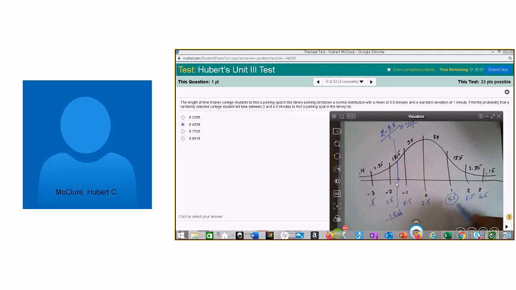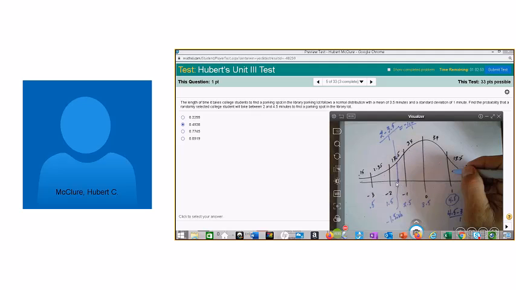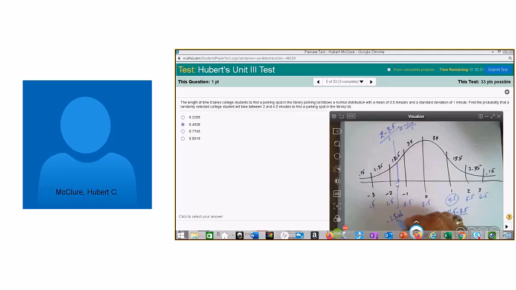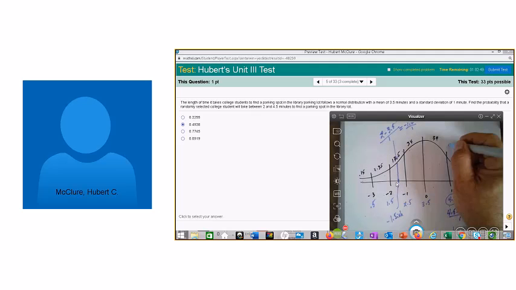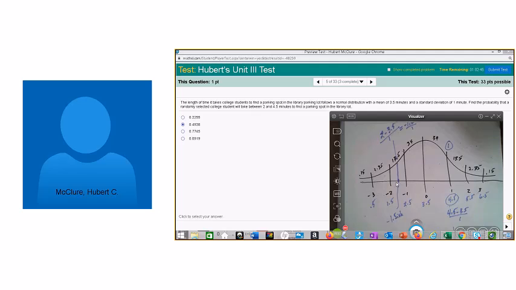And if you have an old calculator, 4.5 minus 3.5 over 1 is equal to 1 over 1, which is equal to 1. So if you wanted to go from z-score to z-score, that would be negative 1.5 to 1. Okay, if you had an old calculator.